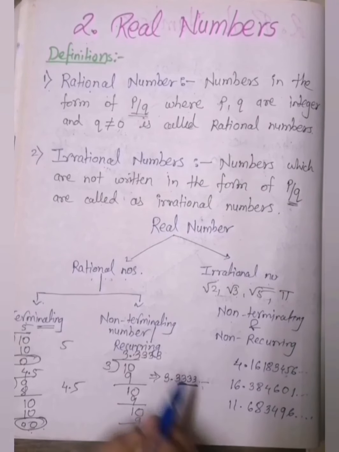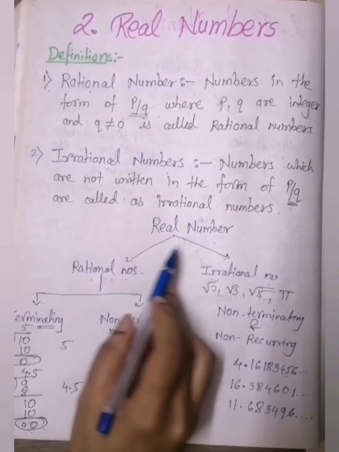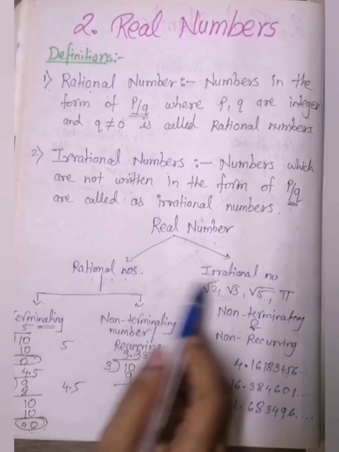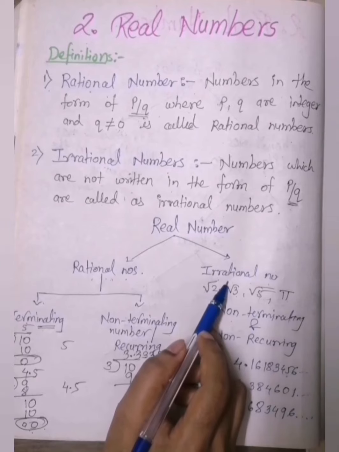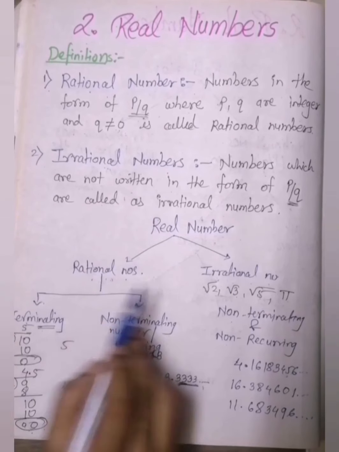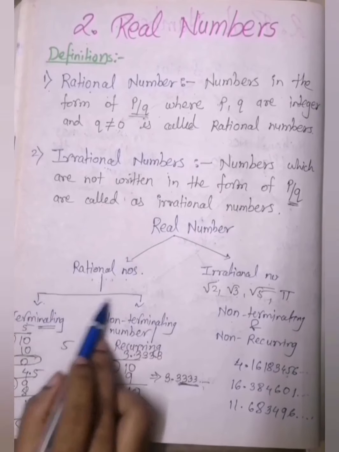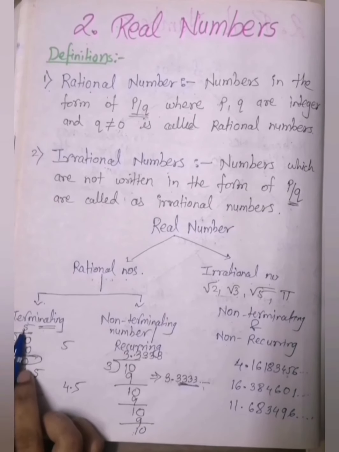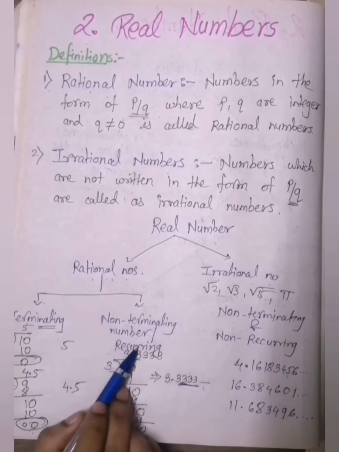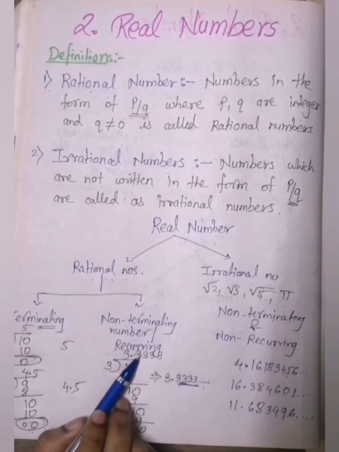So clear students, what is a real number? In real numbers we can classify into two kinds of numbers. First one is a rational number, second one is an irrational number. Rational numbers are classified into terminating and non-terminating recurring numbers.